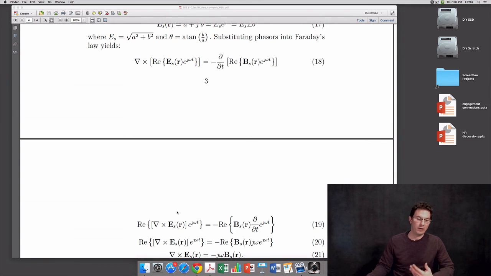That's what I've done on the left-hand side between equations 18 and 19. On the right-hand side, similarly, e to the j omega t is the only term that depends on time. So the partial with respect to time comes inside these brackets and acts only on e to the j omega t.